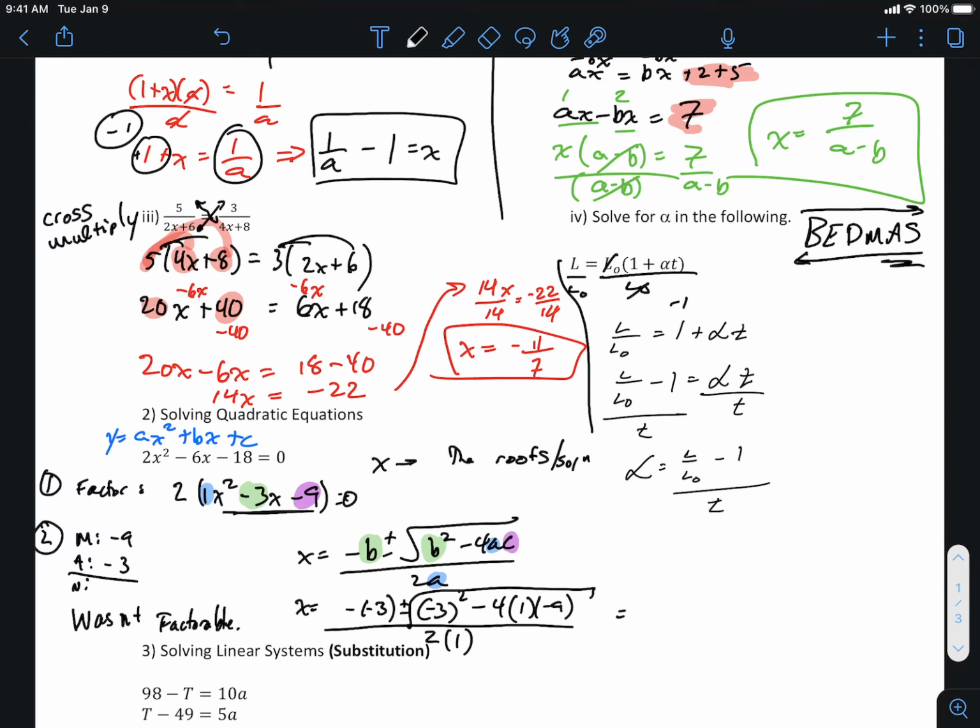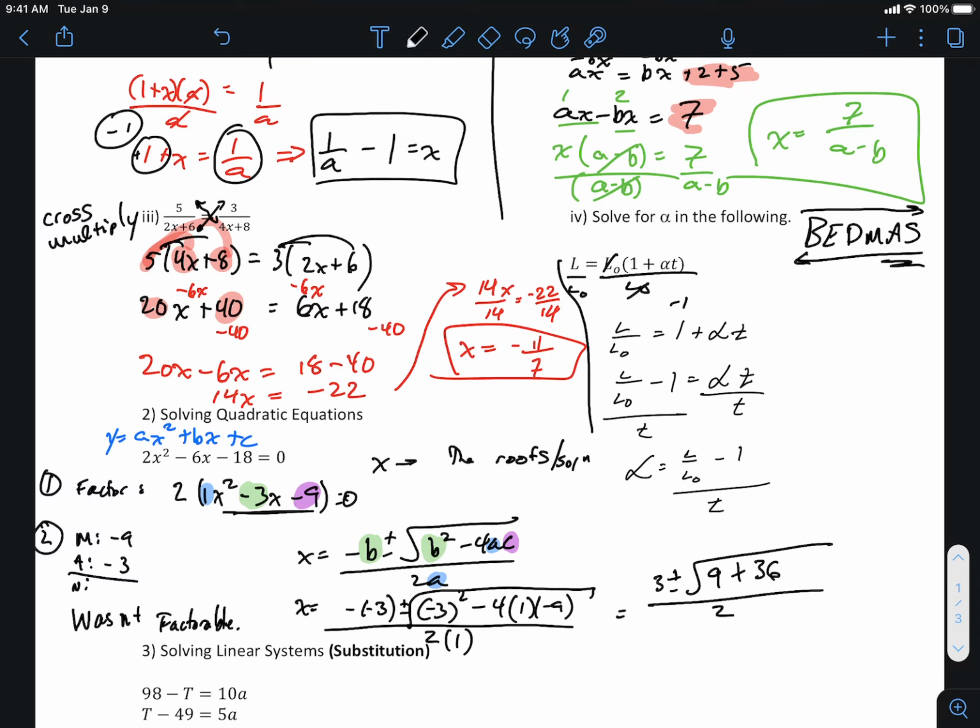So negative and a negative makes 3 plus or minus the square root of 9, since negative 3 squared is 9, minus 4 times negative 9, which is negative 36. Minus a negative makes it plus 36.